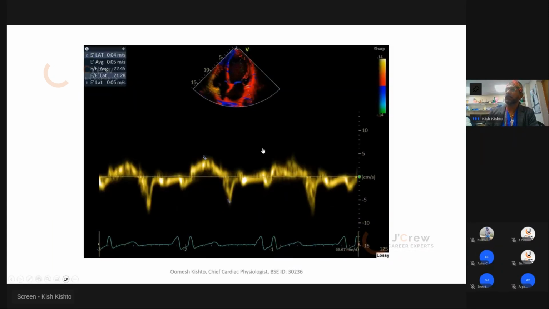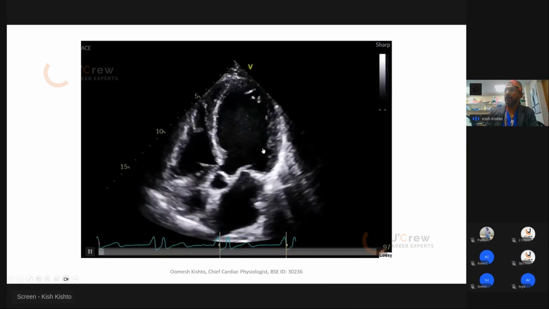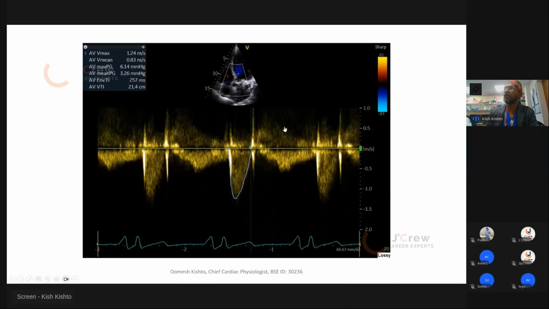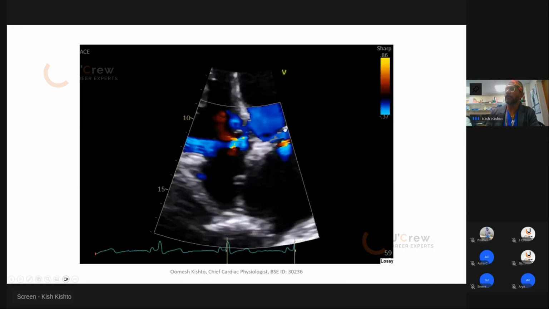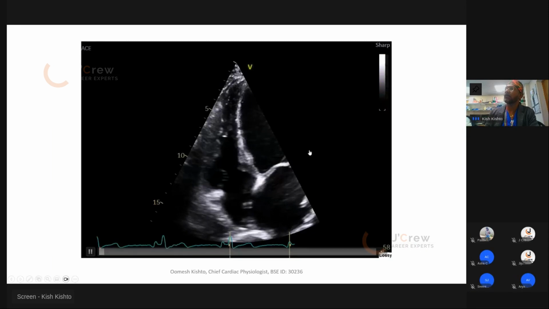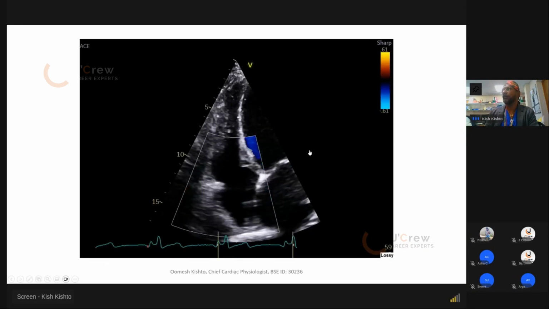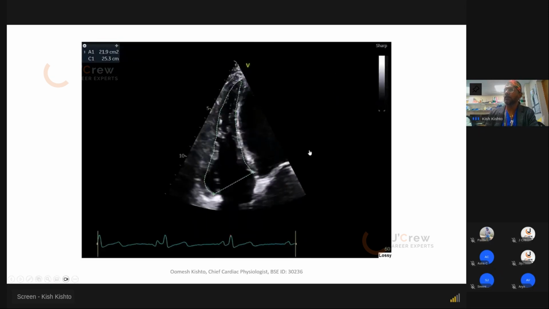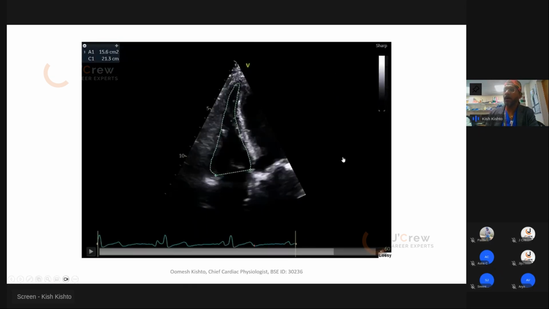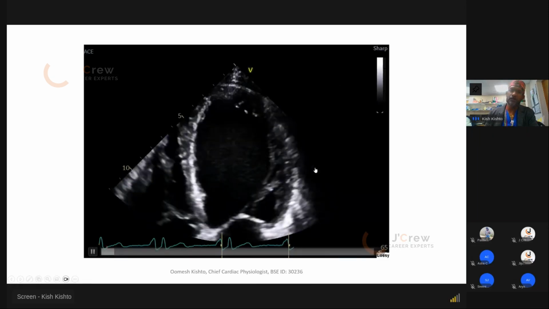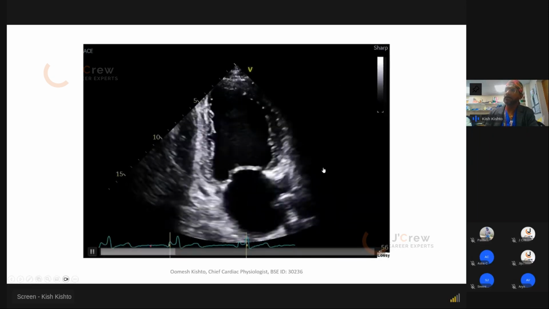Good. So that was MR. Then we assess all the others as usual, and I don't have to go through that again. I think there was a bit of TR as well. Although my focus here was the MR, we do all the other measurements as well.